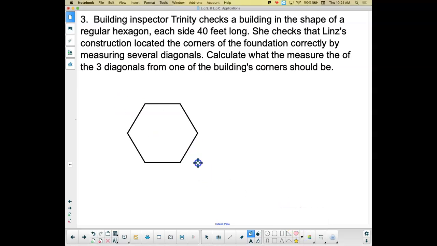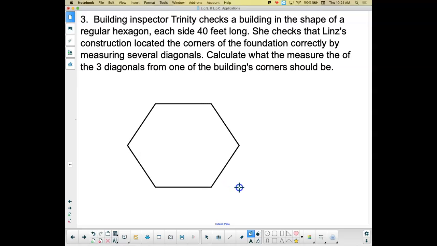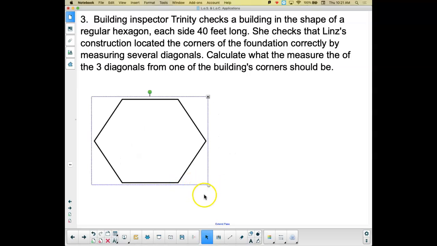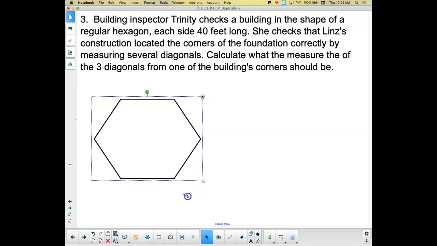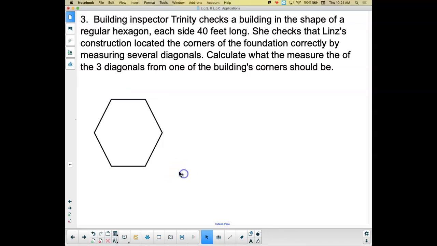How do you draw yours? Each side is 40 feet. That's pretty good.